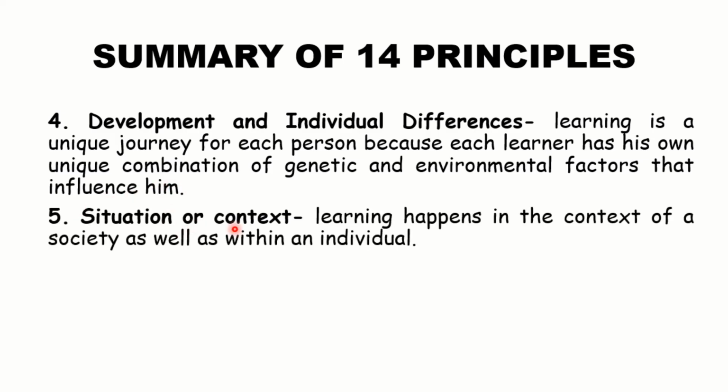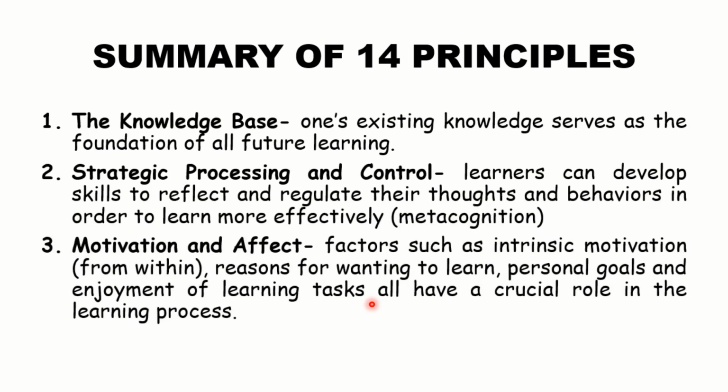Next is the situation or the context. This is the last principle according to Murphy. Learning happens in the context of a society as well as within an individual. So this is the summary of the 14 principles. We have the knowledge base, the strategic processing and control.